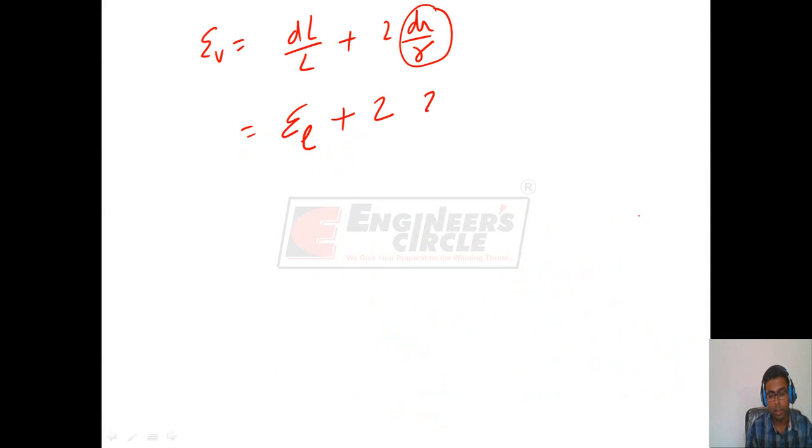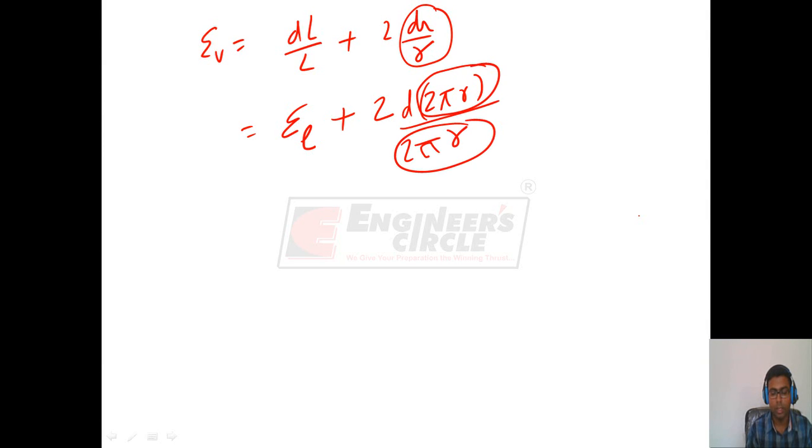If we multiply the above term by 2 pi, we get 2 pi r, and below also if we write 2 pi, we get 2 pi r. So this is change in circumference divided by original circumference, which is the circumferential strain epsilon theta.